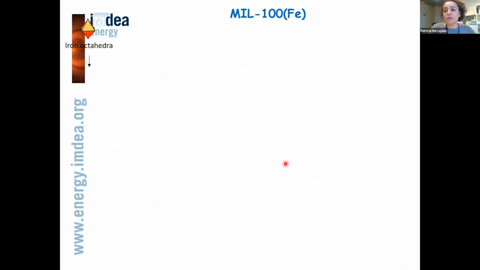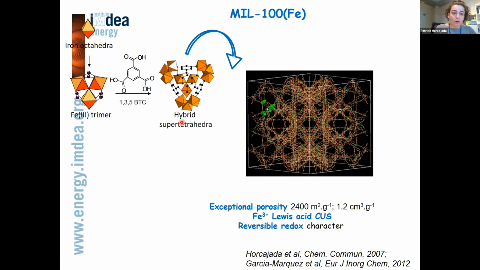Well, from my point of view, one of the most promising materials for drug delivery in biomedicine is called MIL-100 iron. This material is based on an iron(III) octahedral trimer connected by the trimesate ligand, leading to this hybrid supertetrahedra, which can be considered as equivalent to the silicon or aluminum tetrahedra in zeolites.